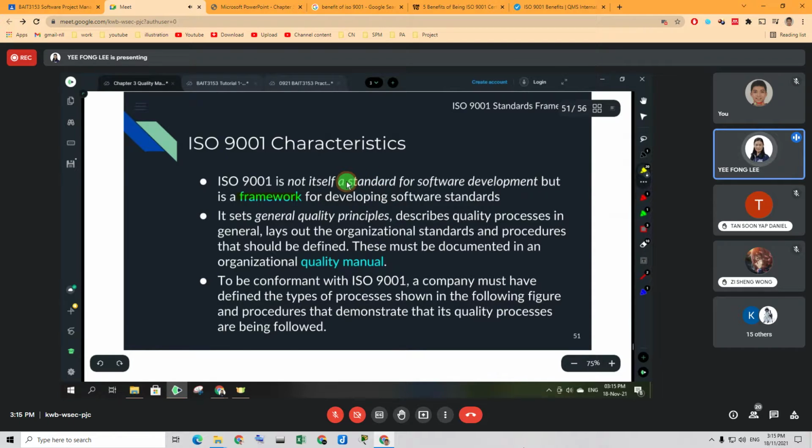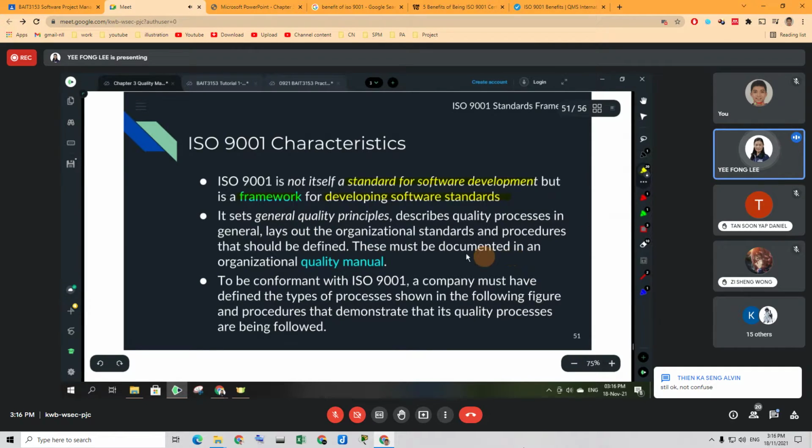Okay, do you understand it? This ISO 9001 is not a standard for software development, but it's a framework for developing a software standard. Is it confusing? Do you all feel confused by this sentence? Framework for the software standard. Someone turning on mic. Can understand or not?